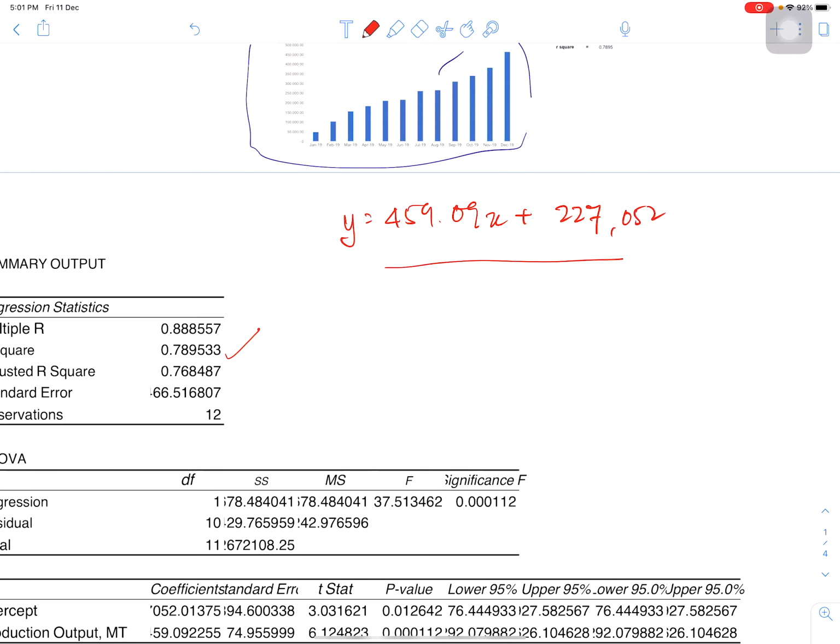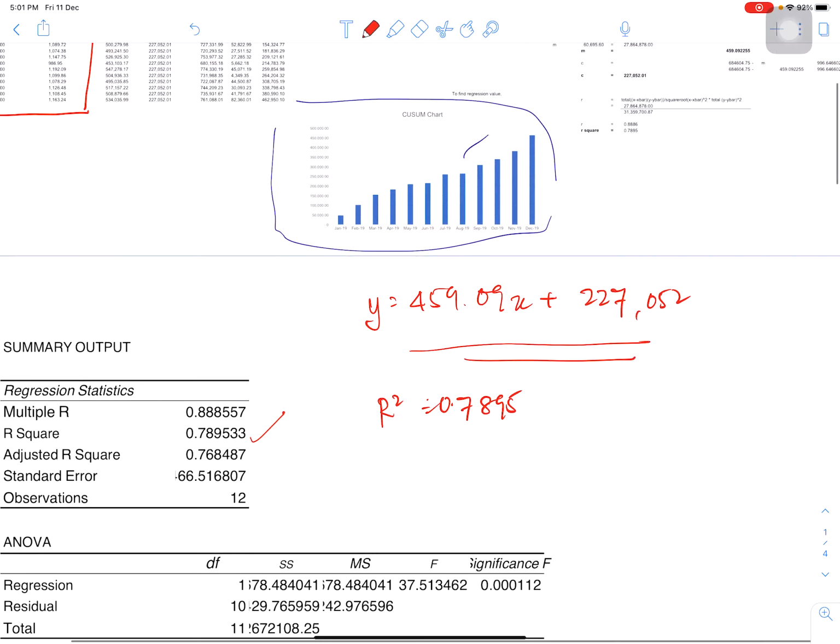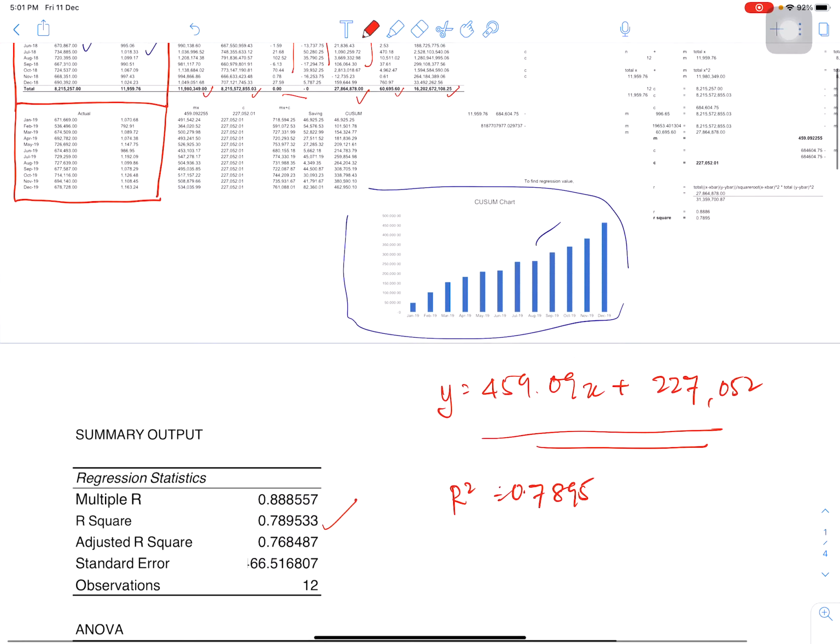So this is the energy equation model with the R square value of 0.7895.